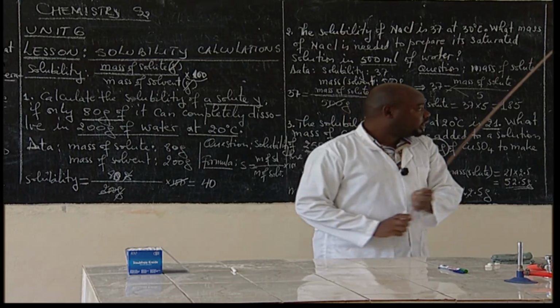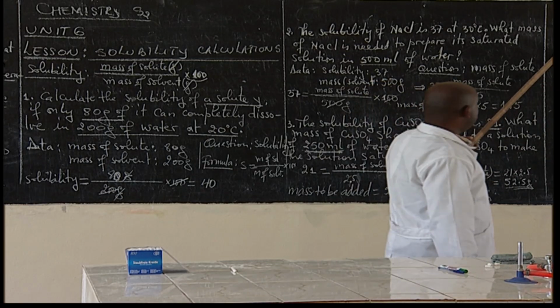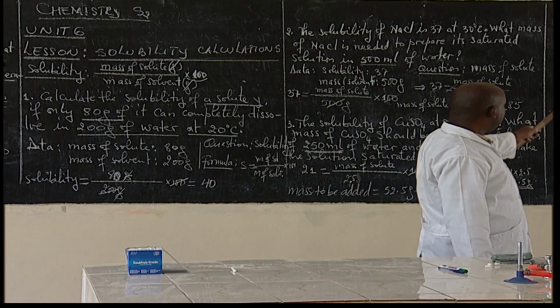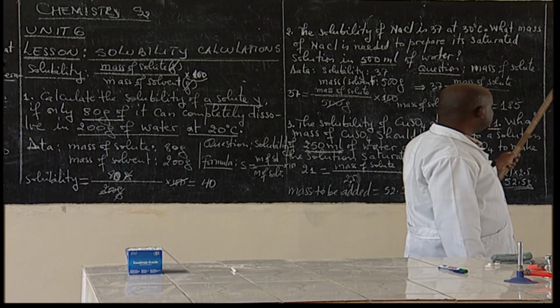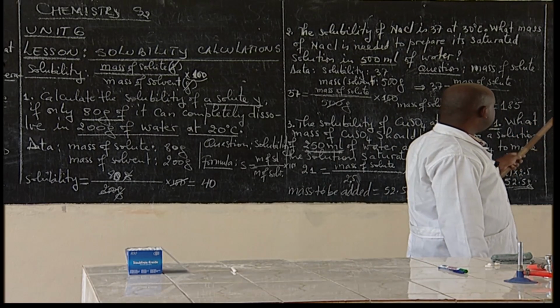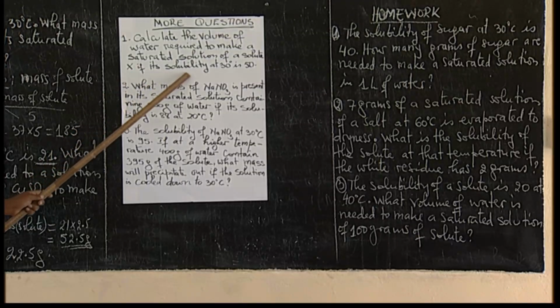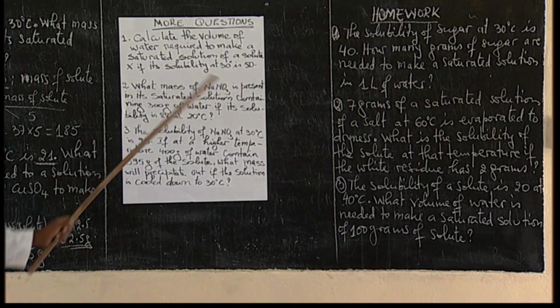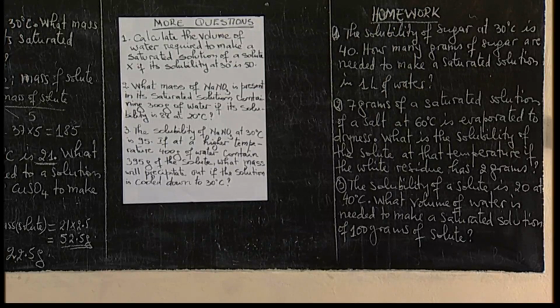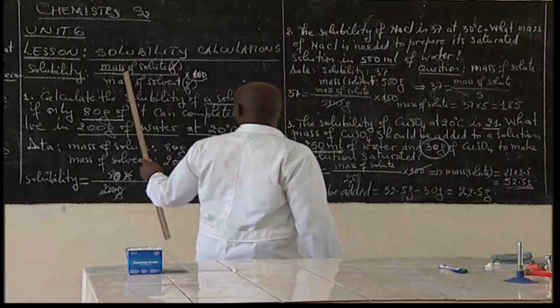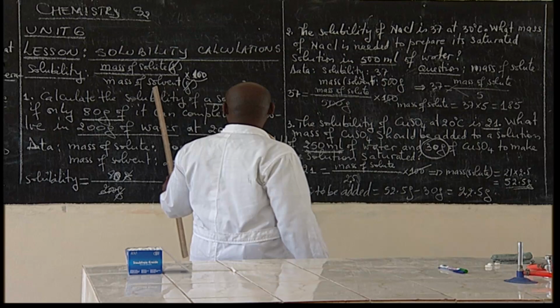The additional exercises we have: question number 1, calculate the volume of water required to make a saturated solution of a solute X if its solubility at this temperature is 50. We know how to get the mass of solvent.